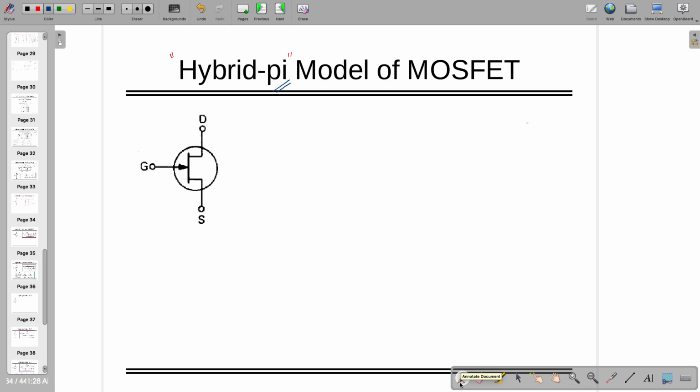When I'm saying hybrid pi model, there are two things. One is low frequency model, and one is high frequency model. For the low frequency model, I'm asking you a question: what are the passive components you can have at low frequency? Passive components, there are only three.